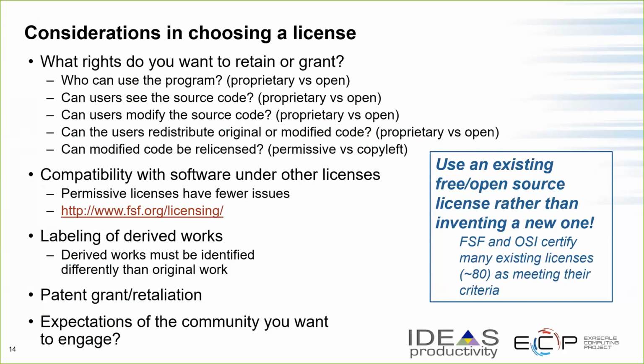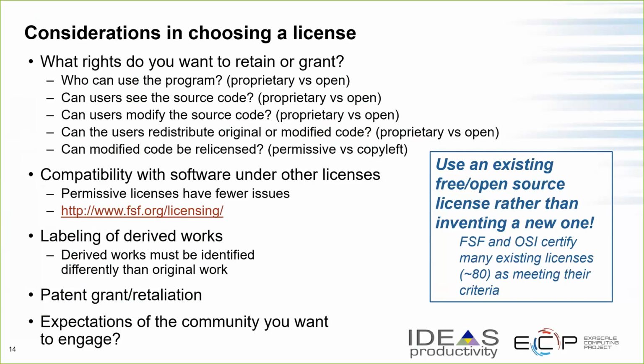So you can put clauses into your license that say derived works have to be identified differently than the original work. Patents are a different thing, as we discussed, but you can include clauses in your license that either provide a patent grant to users of the software, licensees of the software, or provide for retaliation if somebody sues you for patent infringement. And I'll talk more about that.